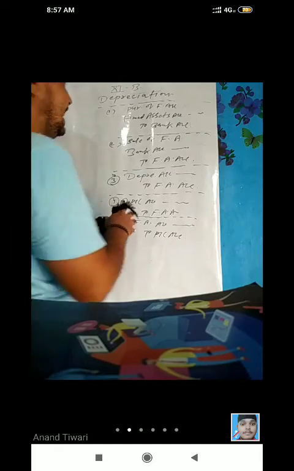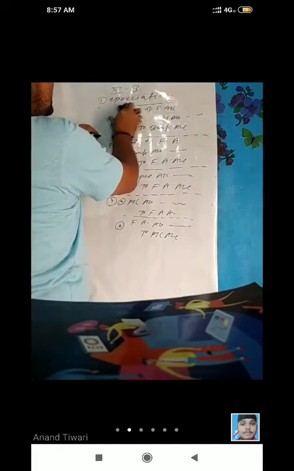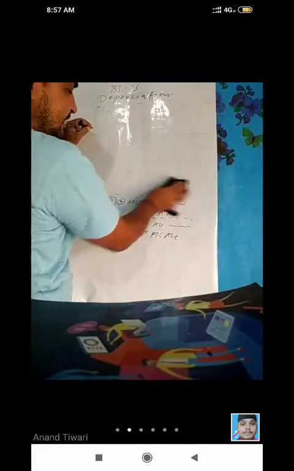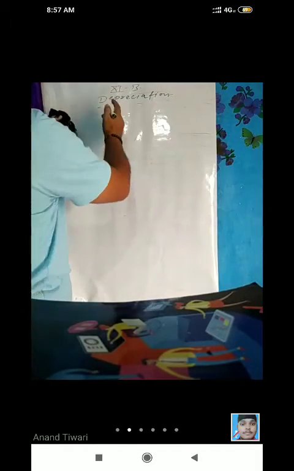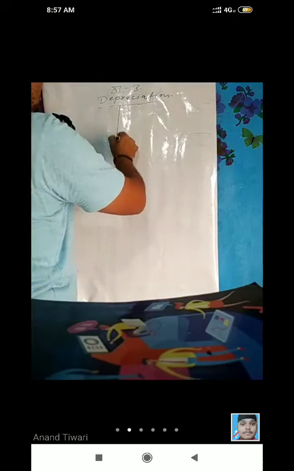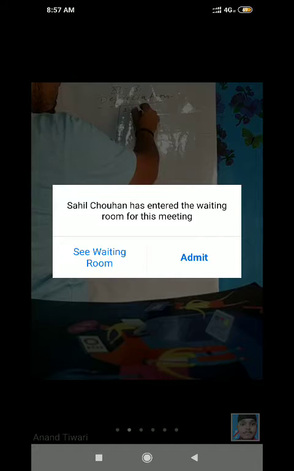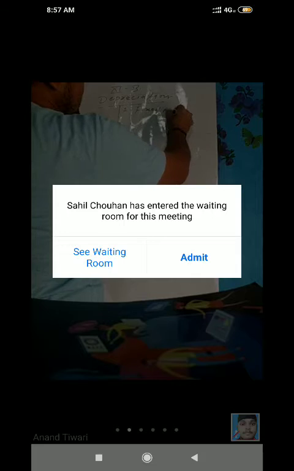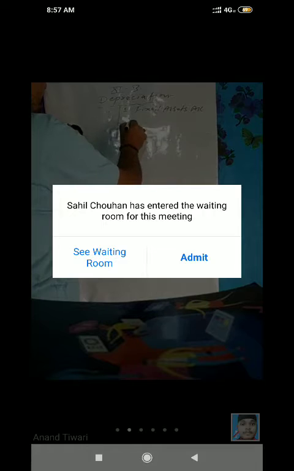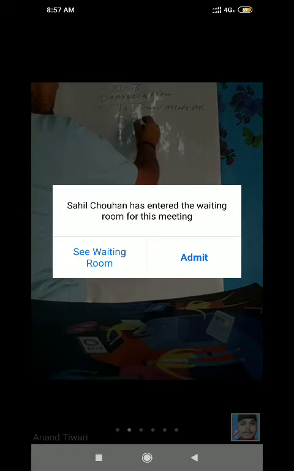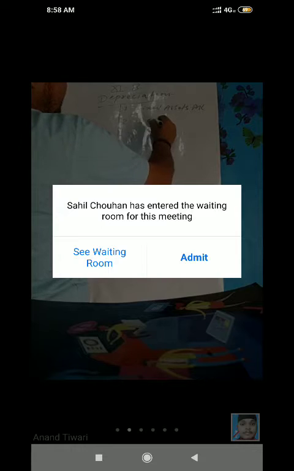Clear? So now I am erasing this. What are the necessary ledgers that you have to prepare in case of depreciation? First, fixed assets account. Second, depreciation account.